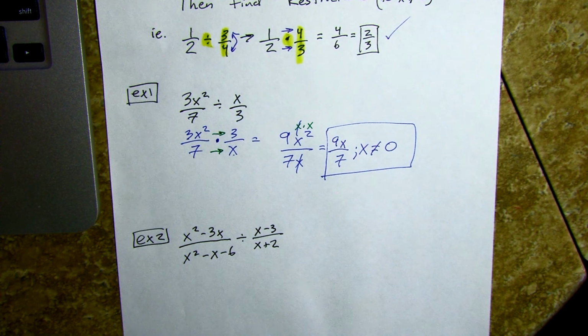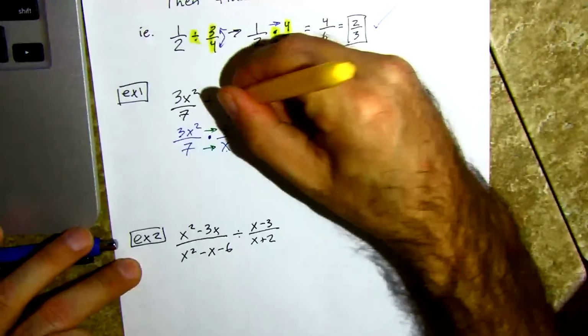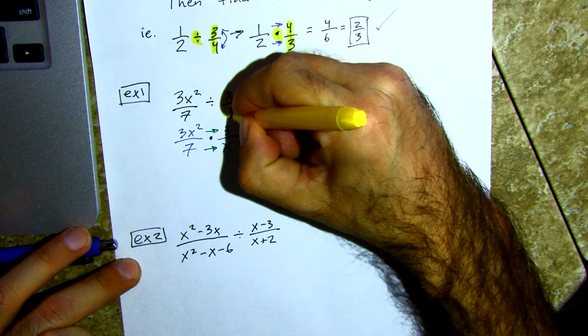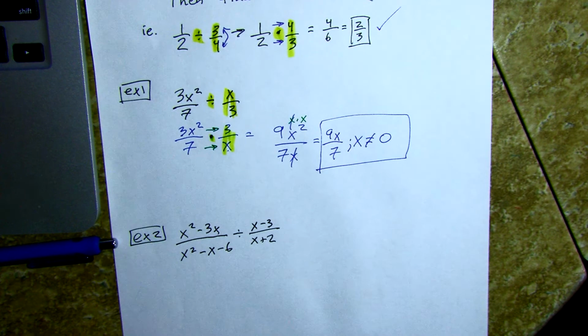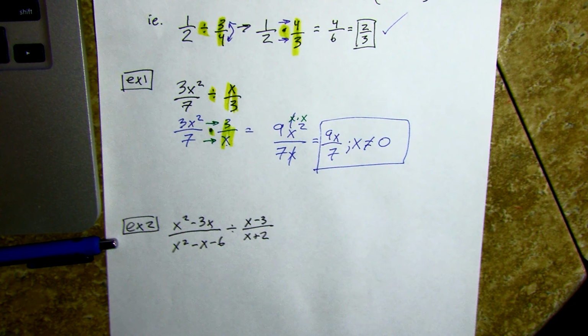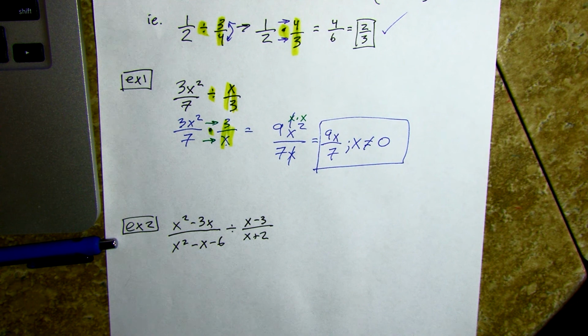Okay, so the basics are we're doing the flip trick, that second fraction flips, and that allows us to go from division to multiplication. And then from there on out, it's the exact same lesson as the one we did Tuesday. Not bad, right?